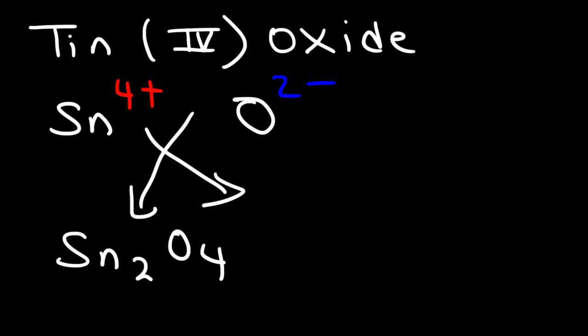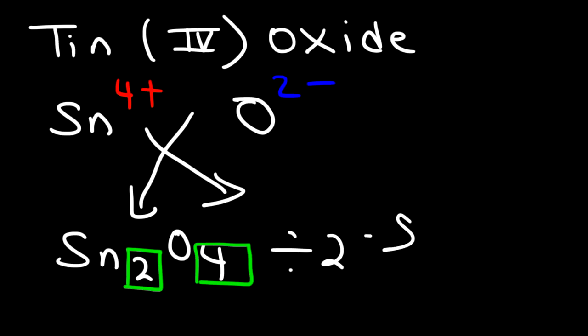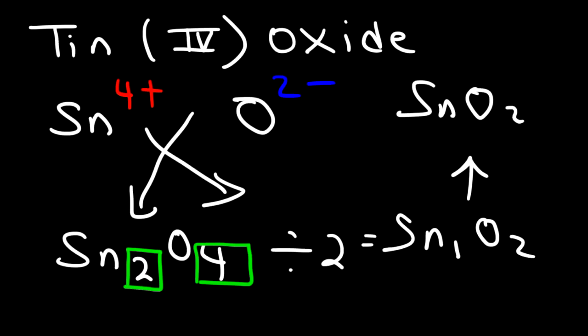Now notice that even though the subscripts are not the same, they're both even. In a situation like this, you want to reduce it. So divide each subscript by 2. So it's going to be Sn1O2, but we don't need to write the 1. So the final answer is going to be SnO2. So that's the chemical formula of tin 4 oxide.